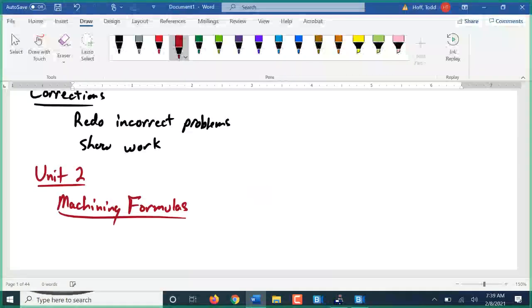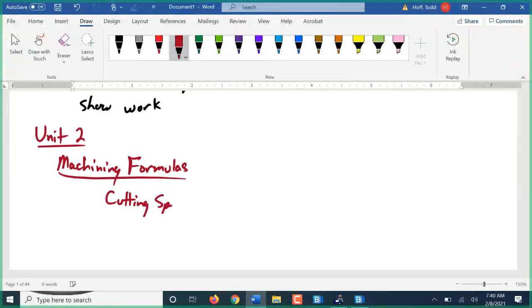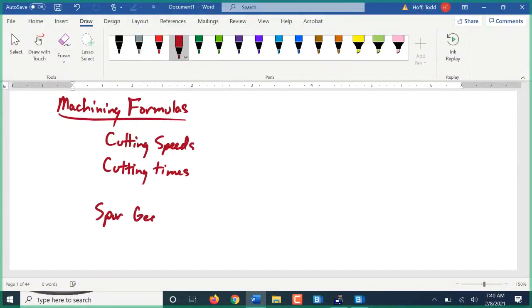This includes two things, cutting speeds and cutting times, the time to complete a cut. Then we're going to look at spur gears, mainly because they're used in a lot of equipment and there's a lot of math behind them, a lot of formulas. It's a great application of using formulas.